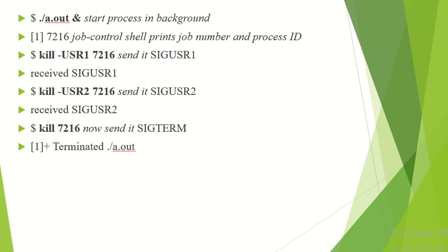So kill -USR1 7216 sends SIGUSR1, and that's why the received signal is printed. After that, kill -USR2 7216 sends SIGUSR2, and that's why it prints received SIGUSR2. And after that, kill 7216 sends SIGTERM and the program is terminated.